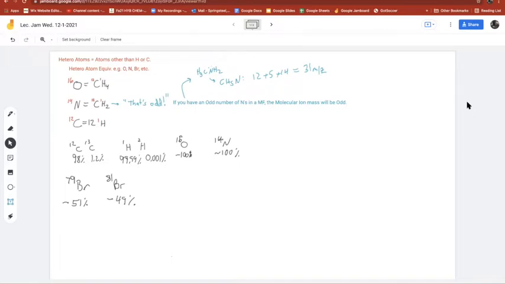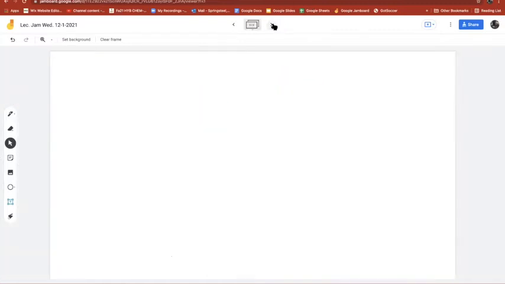So you know how our degrees of unsaturation formula is carbons plus 1 plus halogens minus hydrogens minus nitrogen, all over 2, right? The halogens being fluorine, chlorine, bromine, iodine, pretty much.